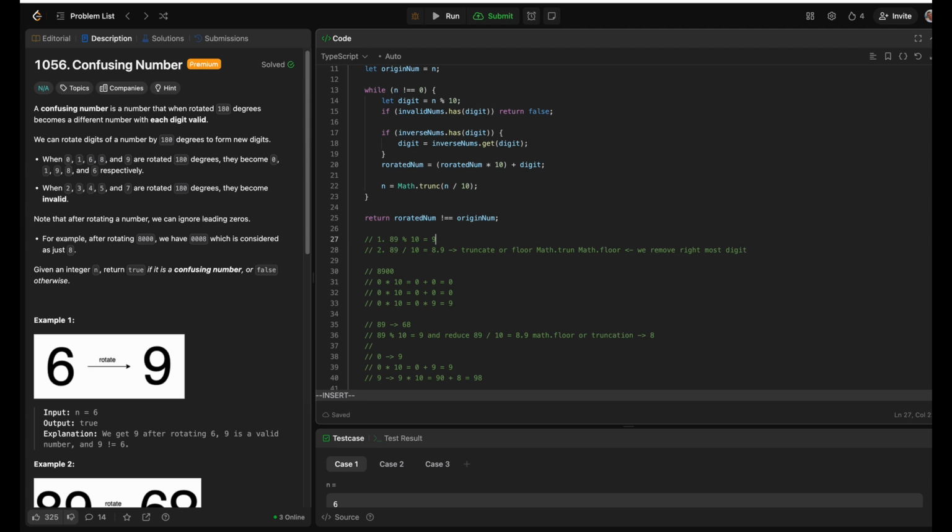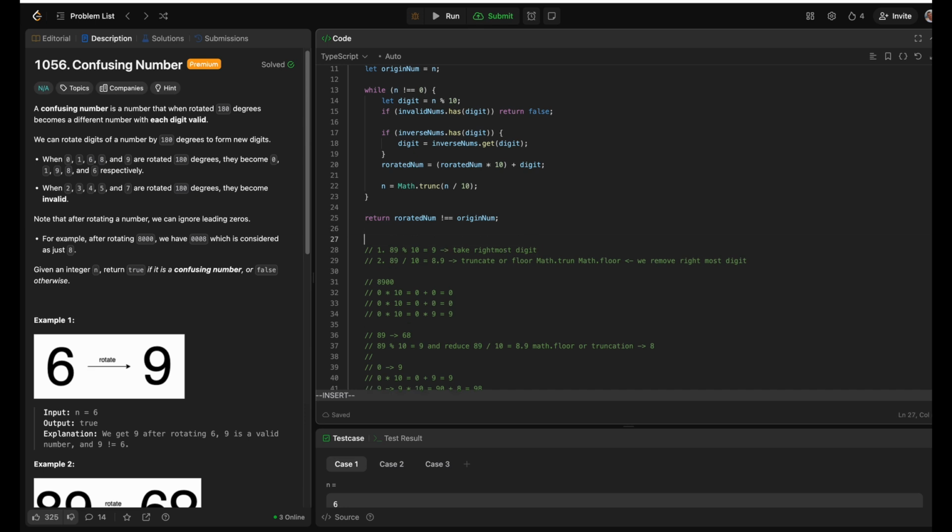And in the first step, we take this rightmost digit. We have to continue this operation until we reach 0 and traverse all of the digits or places in this particular number.